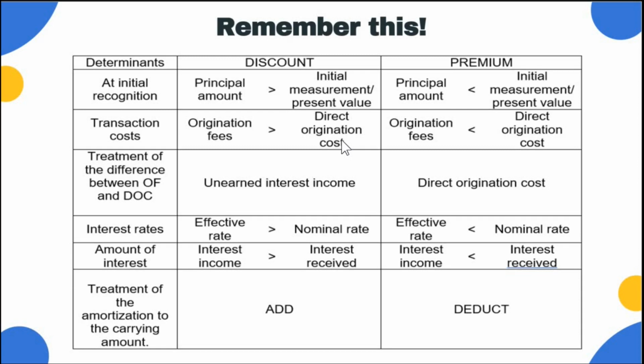So, if mas malaki yung origination fees compared to the direct origination cost, the difference of those amounts is considered unearned interest income. If this is the case, then the effective interest rate is greater than the nominal rate. So, pag mas malaki ang effective rate kaysa sa nominal rate, ibig sabihin, malaki ang interest income na i-report mo as compared sa interest na na-receive mo.